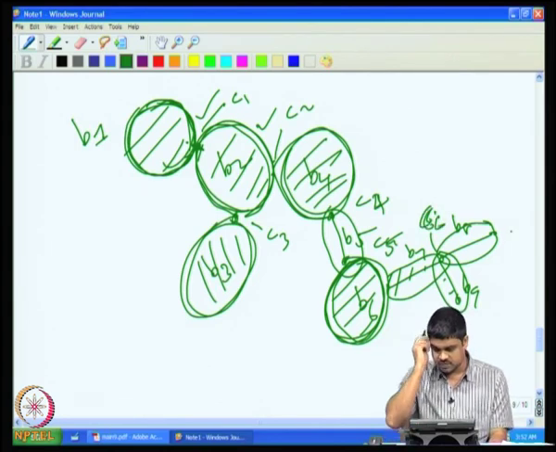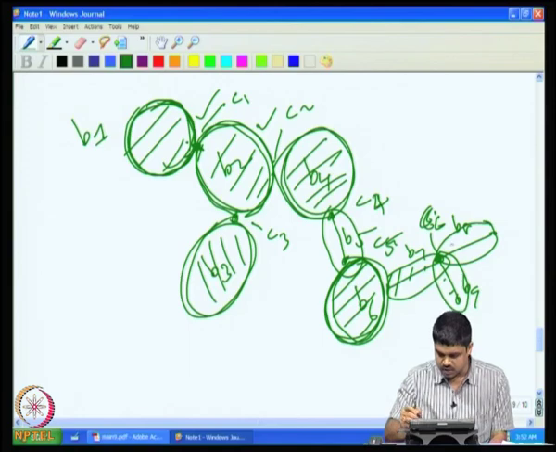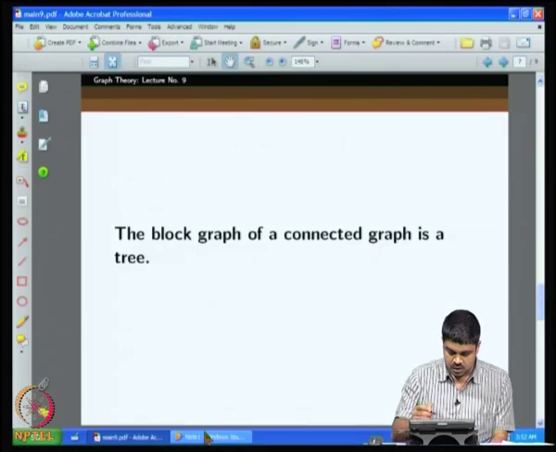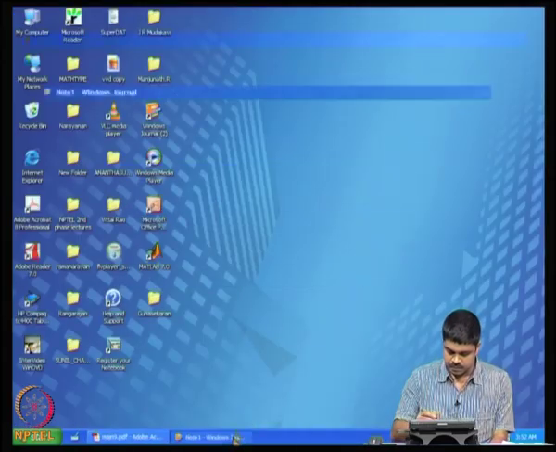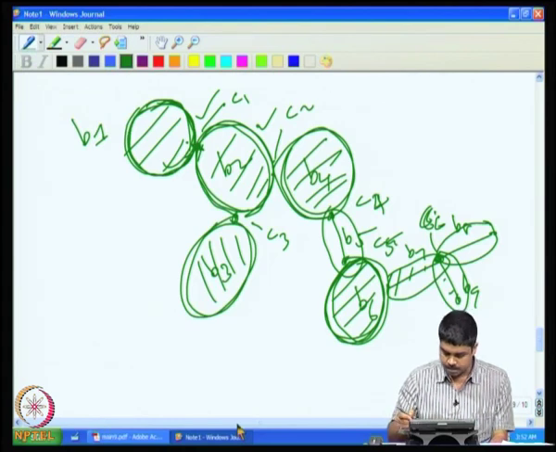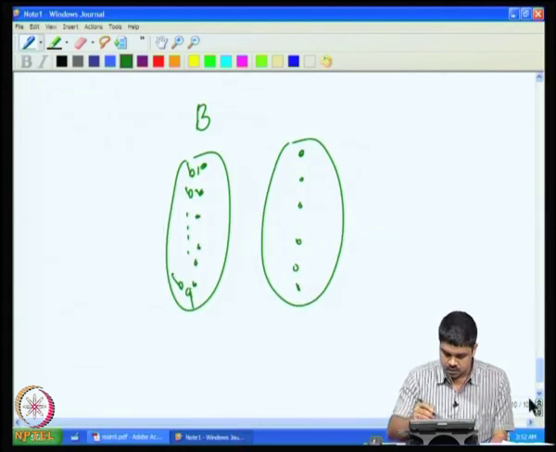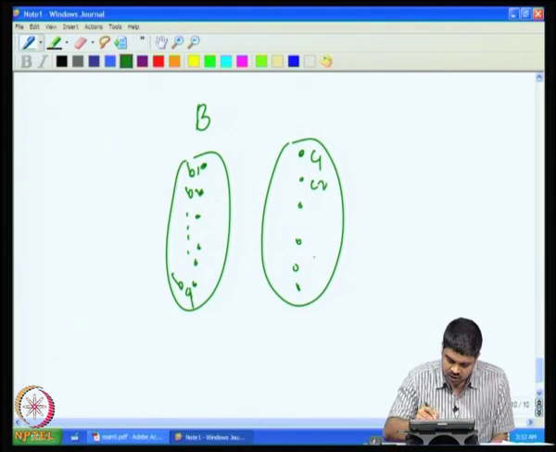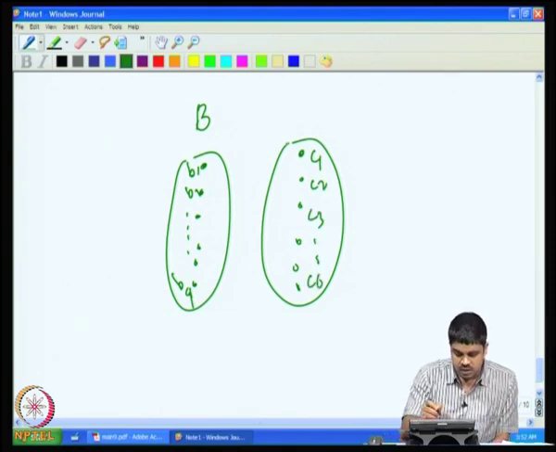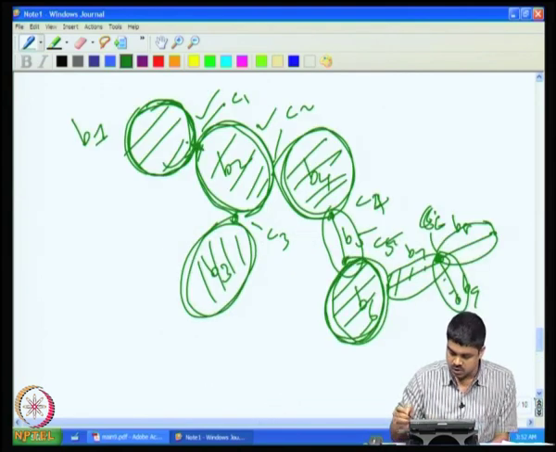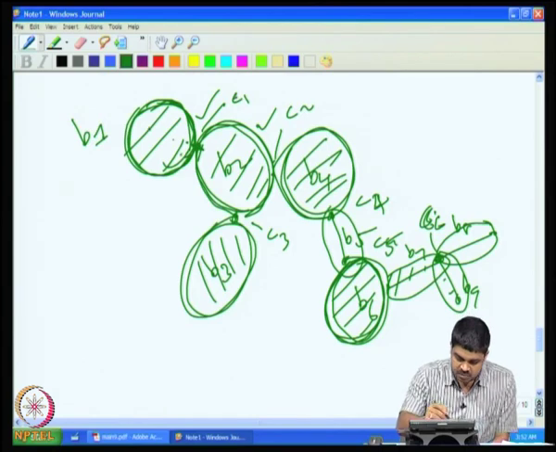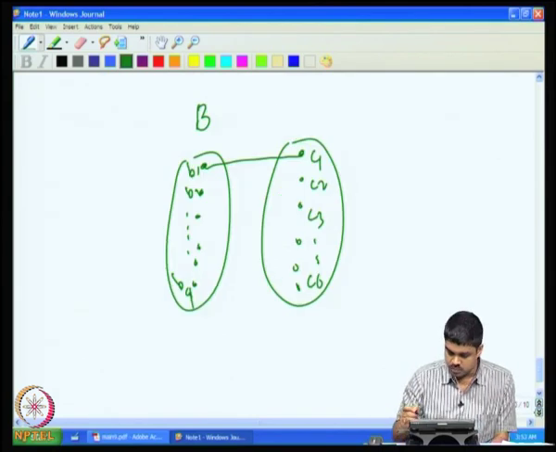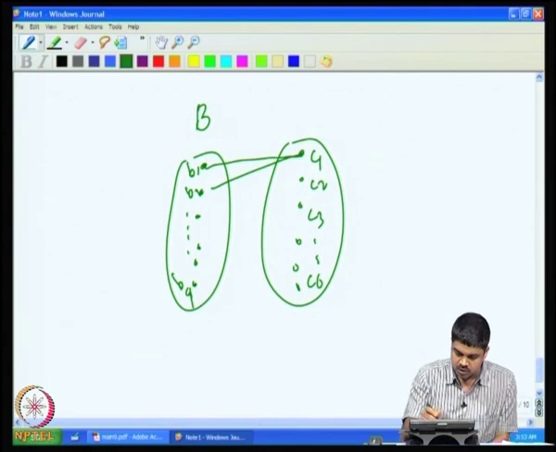The cut vertices can be taken like that. Now if B1 contains C1, then you put this edge. C1 is contained in B1 and B2, so both B1 and B2 will be connected to it.